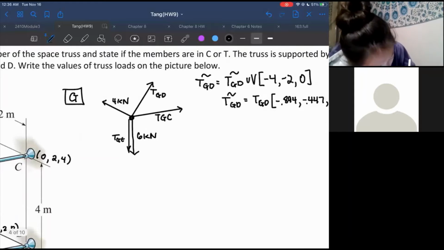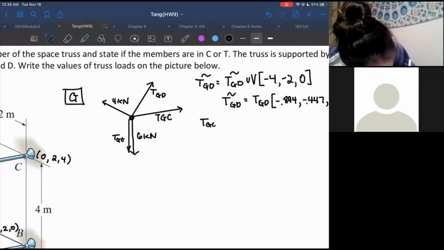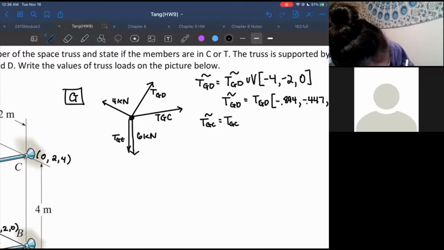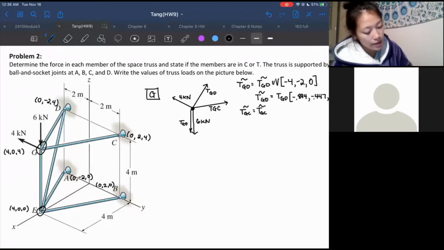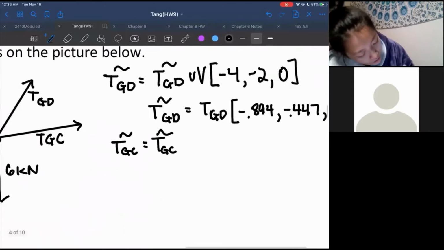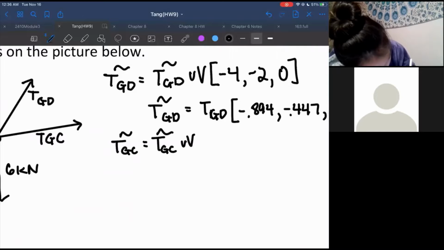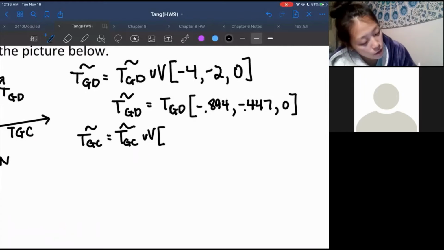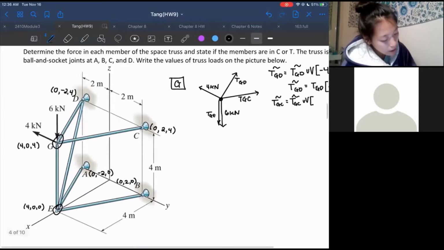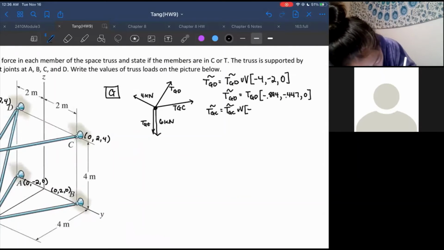And for TGC, we're going to do the same thing where we unitize the vector. Although in this case, we know that they're both the same point, just one number is negative. So we could either copy it all down and just change one of the negatives, or we could go through the whole process. I'll go through the whole process so you can understand. So TGC would be 0 minus 4, which is negative 4.